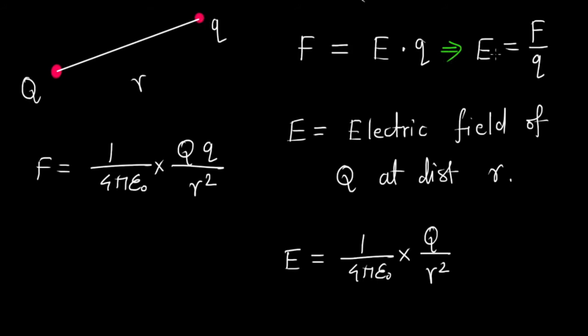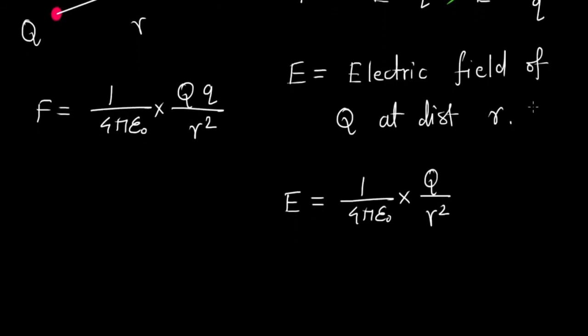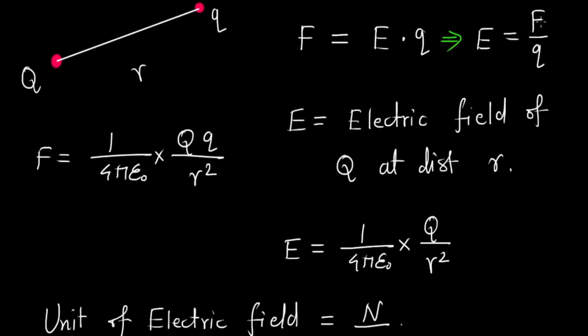Then since E equals F divided by q, the unit of electric field is the unit of force, which is Newton, divided by the unit of charge, which is Coulomb. Now since the electrostatic force is a vector quantity and the electric field is electrostatic force divided by charge, the electric field is also a vector quantity and it's directed in the direction of the force.